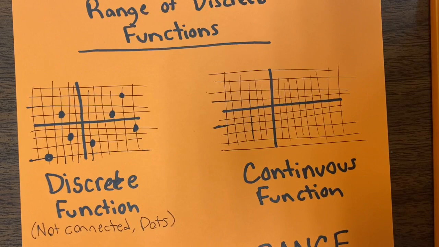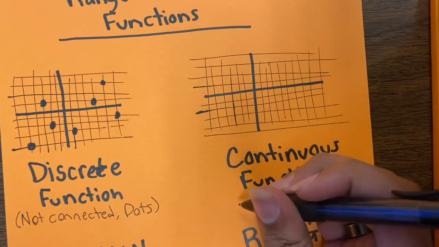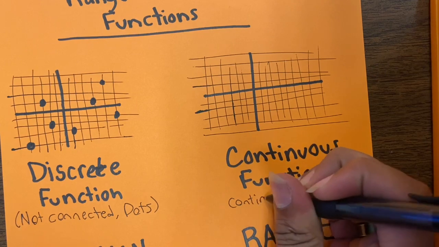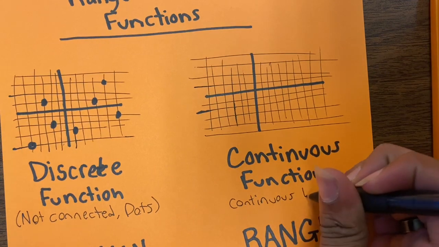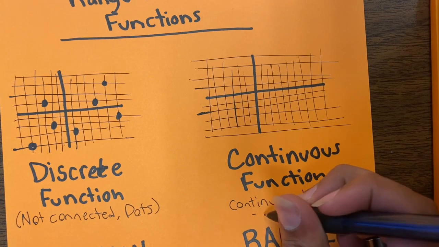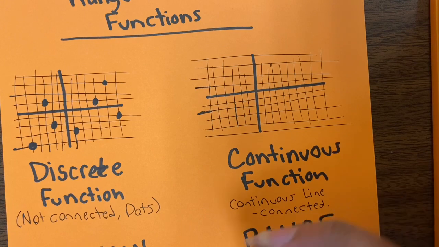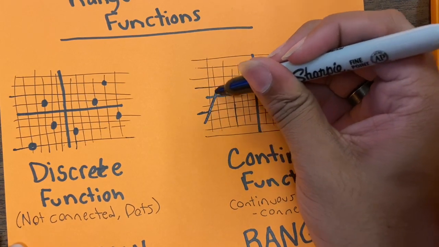A continuous function is a continuous line where all the points are connected. So this could look something like this.